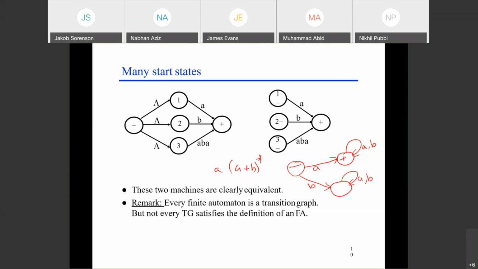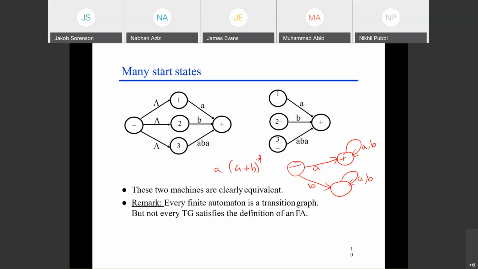Before it was not valid, I made it valid. And now we are asking, is this a TG also or not? I think it's also a TG because every FA is a TG. Perfect. So every FA is a valid TG. Every TG is not a valid FA. Okay, Riley, you are 100% right.